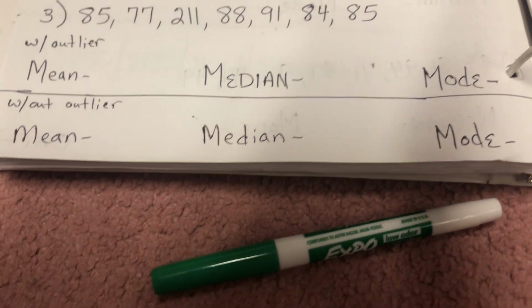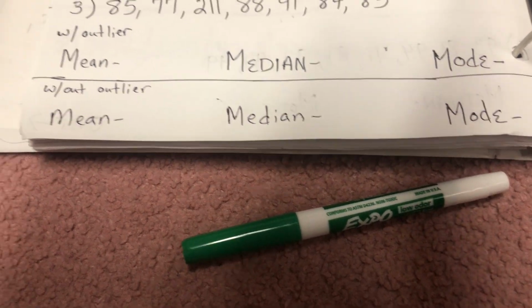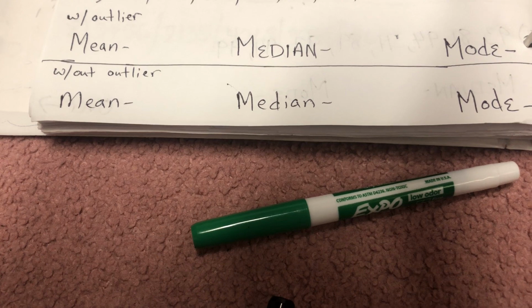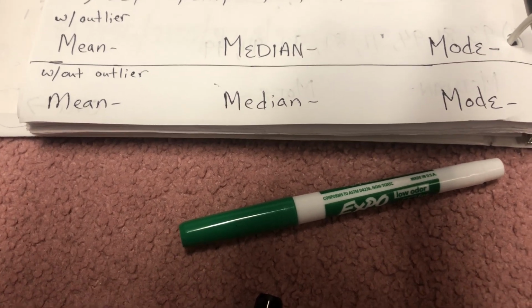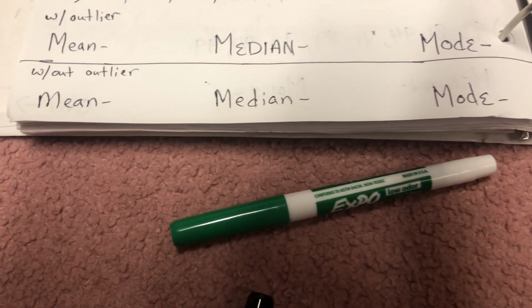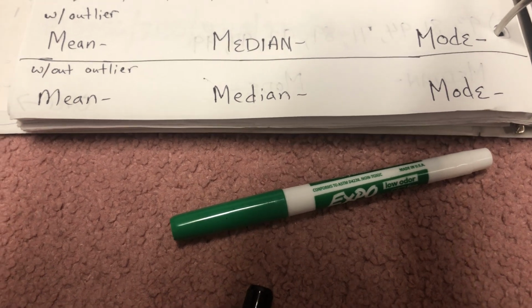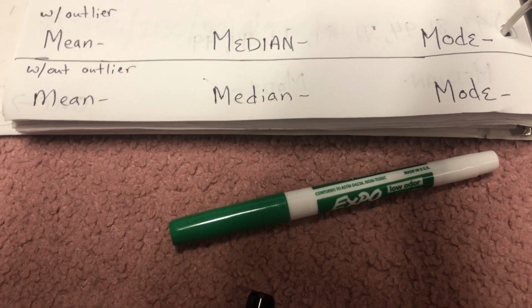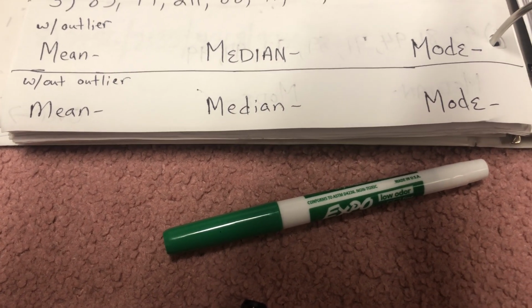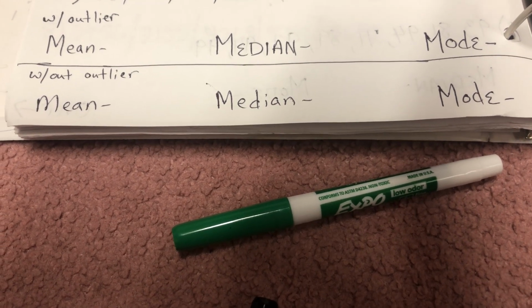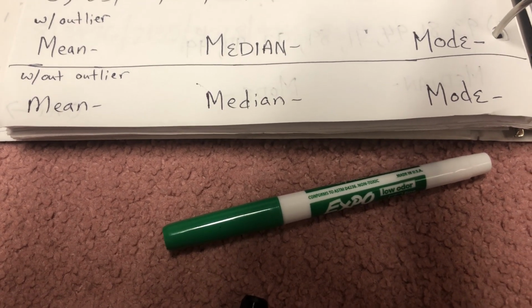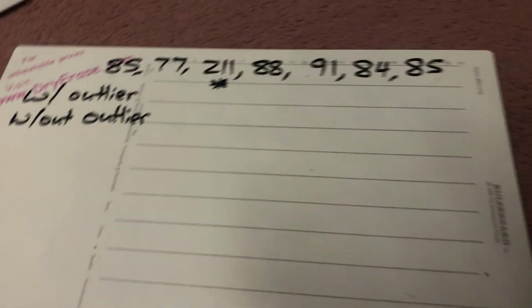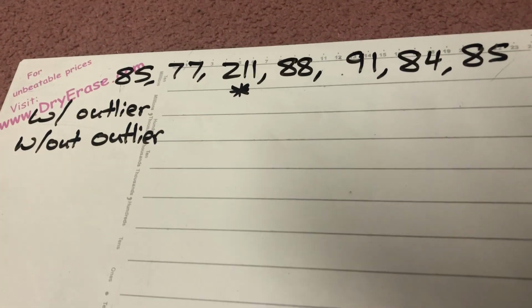Now on your paper, it's going to be written that way so you can see how I'm going to expect you to write those down. You're just going to have to do the scratch work somewhere, and then with the outlier, without the outlier, mean, median, and mode, I give you a place to write the numbers. We're not necessarily going to organize it that way in the video.